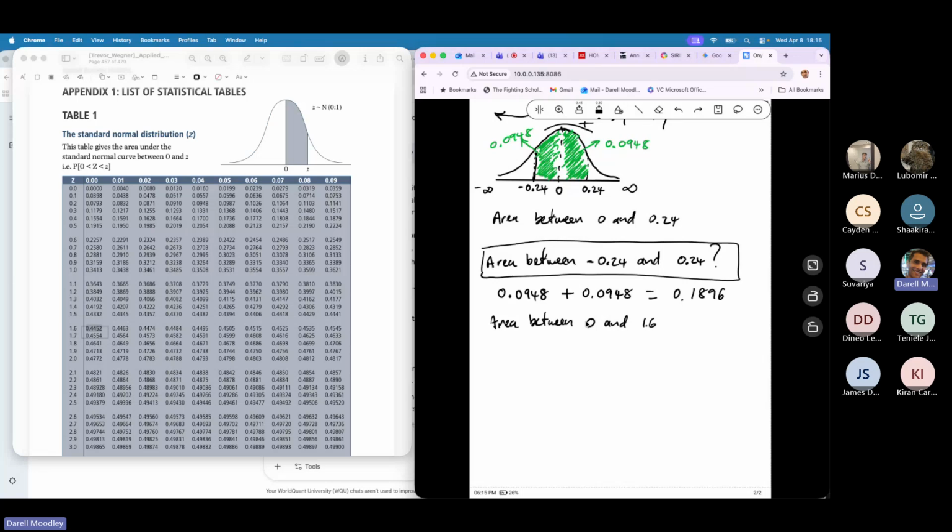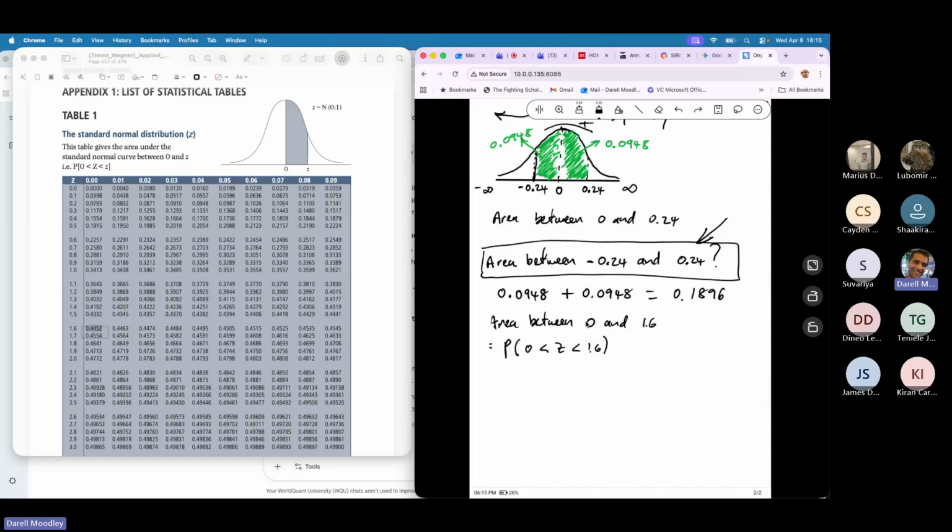So what we did there is we found the probability that Z lies between 0 and 1.6.